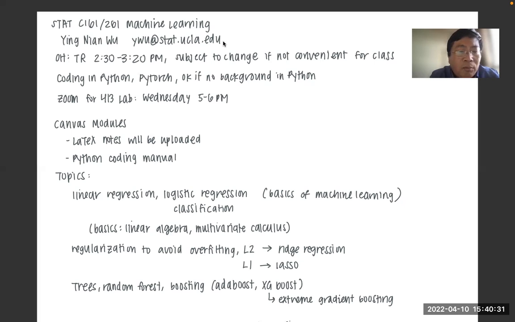And also, when we study linear regression and logistic regression, I'm going to go over some basic linear algebra and multivariate calculus. After that, we shall study regularization to avoid overfitting, including L2 regularization, which leads to ridge regression, and also L1 regularization, which gives you the so-called lasso regression.